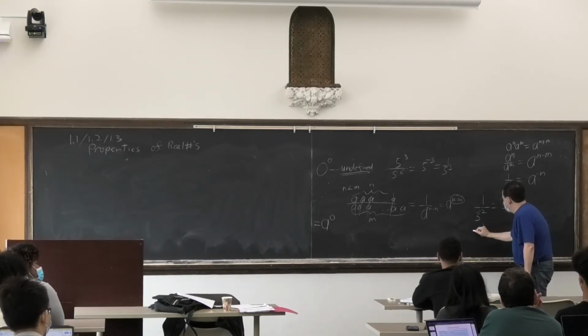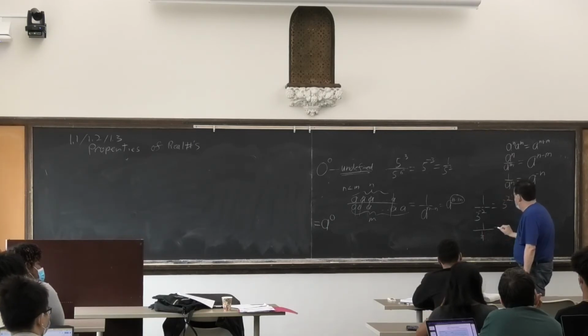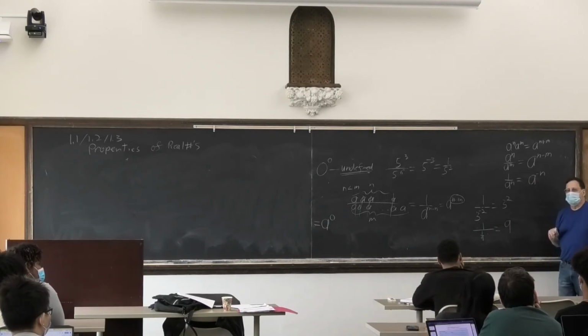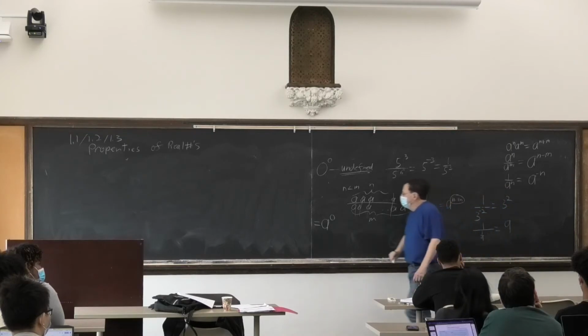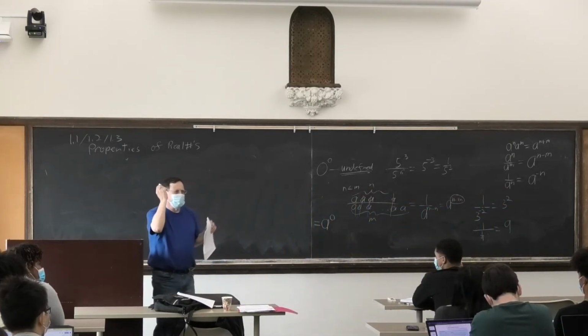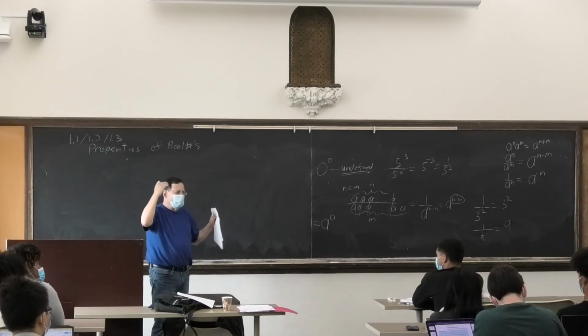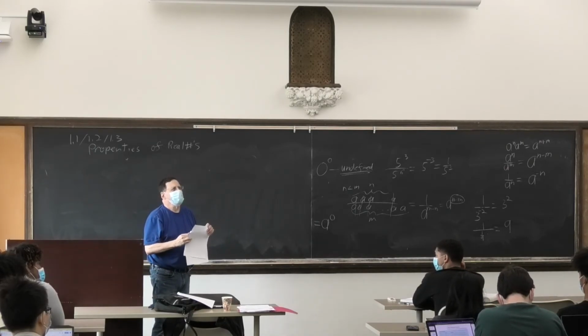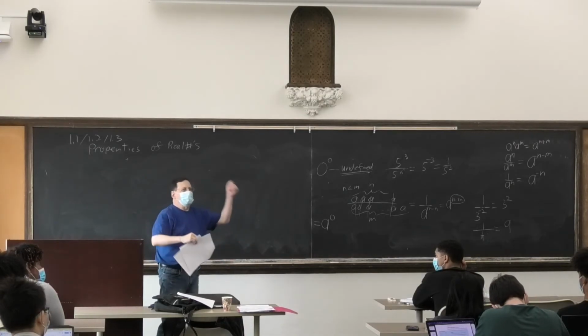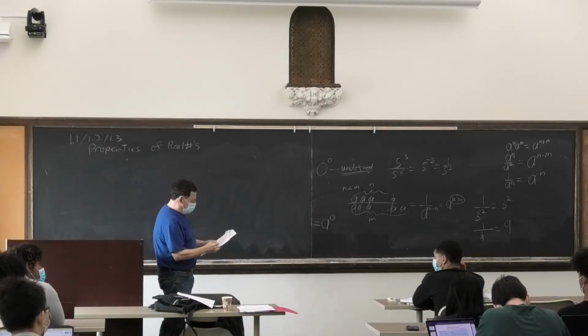Another way to write this would be 1 over 1/9, equals 9. Okay. Sometimes we need to do a little mental gymnastics in your head. Flips, right? Flip over. All right.